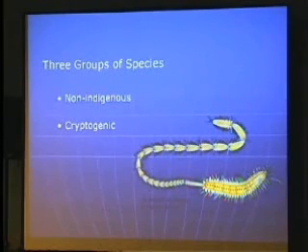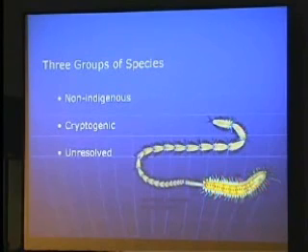One example would be a species which has been identified, but for which we don't know its native range or region. And a third category is unresolved taxa. These are organisms that cannot be identified to species level, so we don't even venture a guess as to their status.